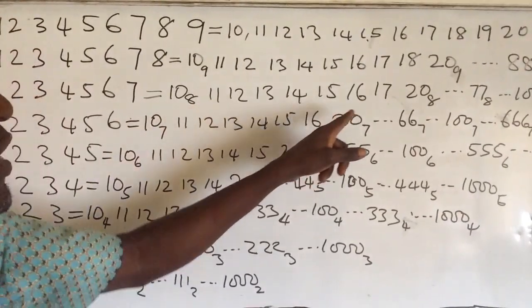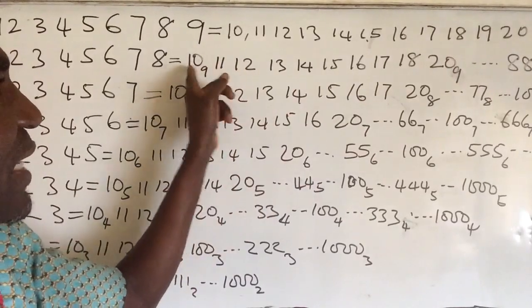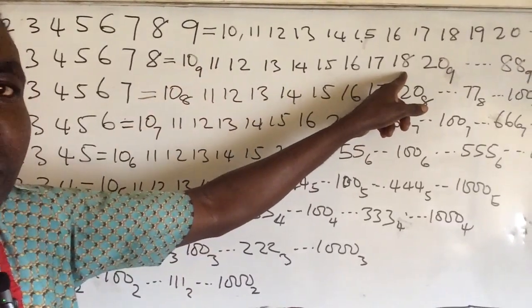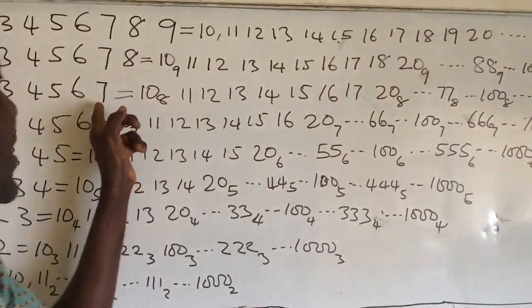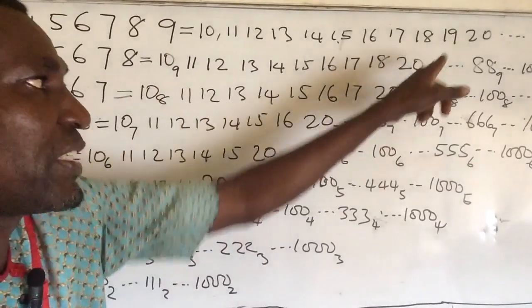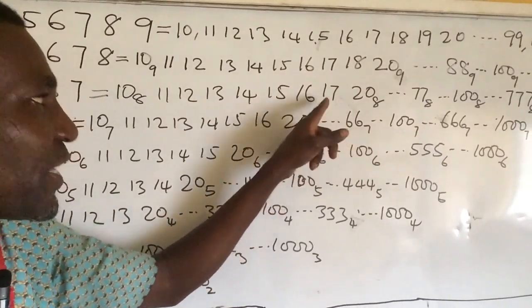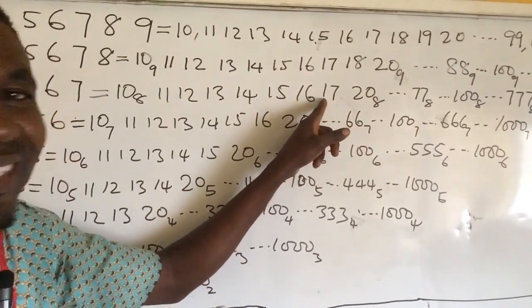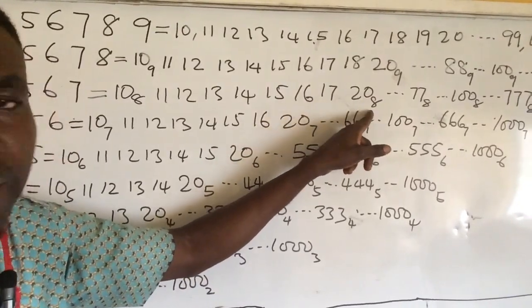You continue like that until you reach 17, just like when it is in base 9, you reach 18, when it is in base 10, you reach 19. But in base 8 now, you reach 17 before you meet 20, which, if you permit me to call it 20, you will reach 20 after 17 in base 8. That is 20 base 8.